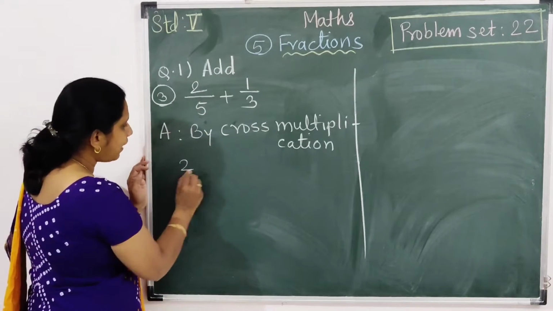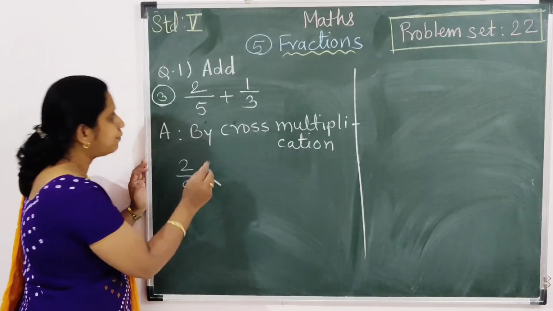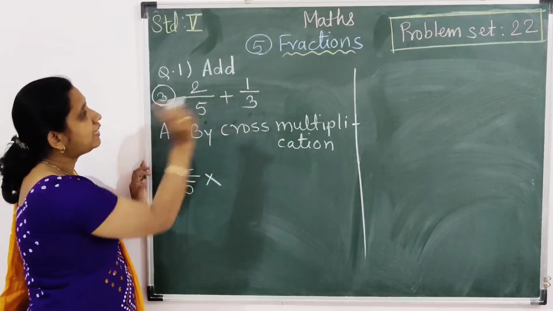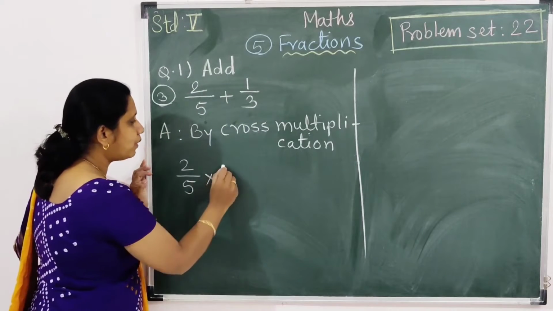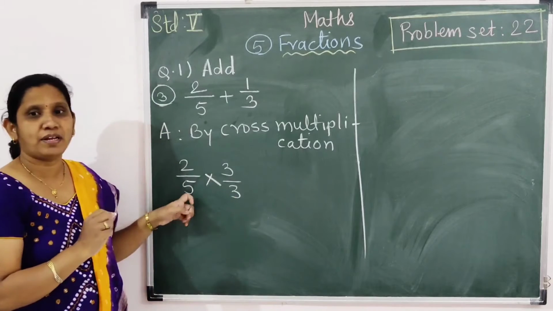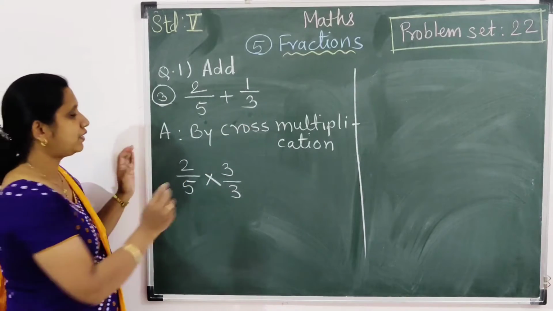Write down the first fraction as it is, 2 upon 5, multiplied by the denominator of the second fraction, that is 3. So we have to multiply the numerator as well as the denominator by 3.